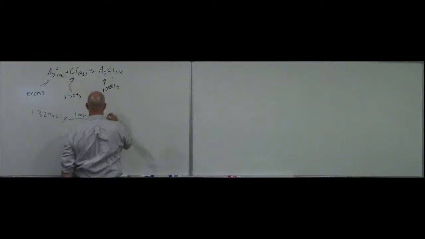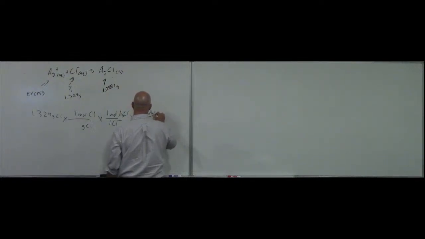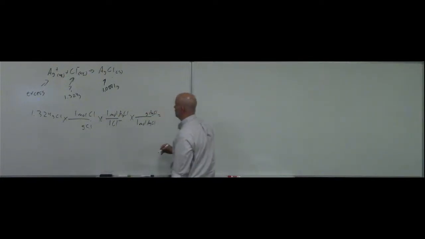Then I can do my mole-mole ratio, which is going to be 1:1. 1 mole of silver chloride over 1 mole of just chloride ions. Right? Then I can multiply that by my formula mass. That will give me a mass of AgCl, right?